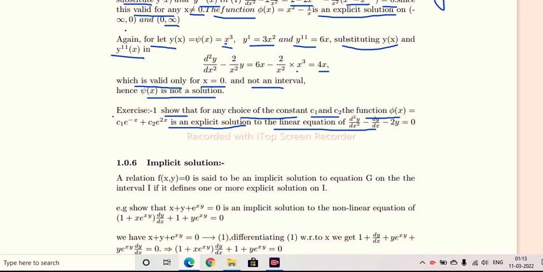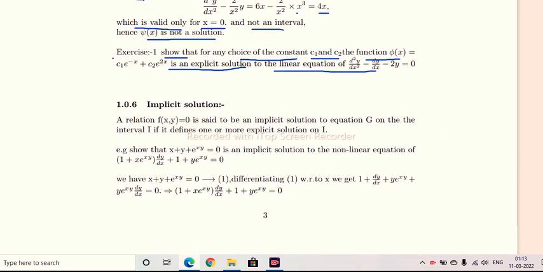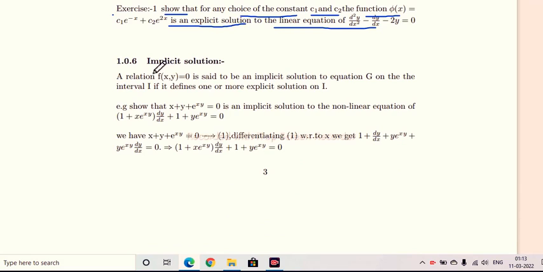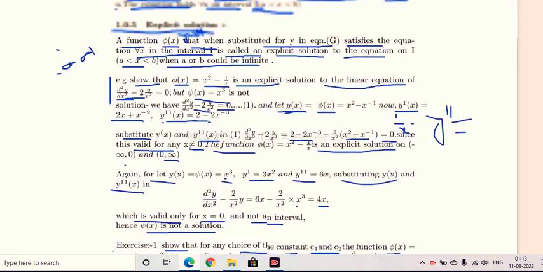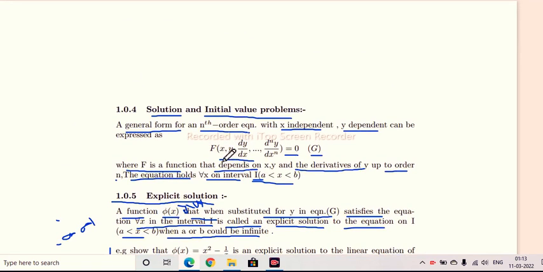So now we move to the next solution, called implicit solution. What is an implicit solution? A relation f(x, y) equal to 0 is said to be an implicit solution to the equation G on the interval I. It means G is an nth order differential equation.